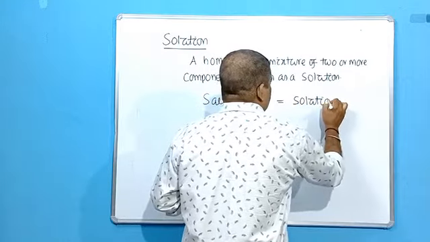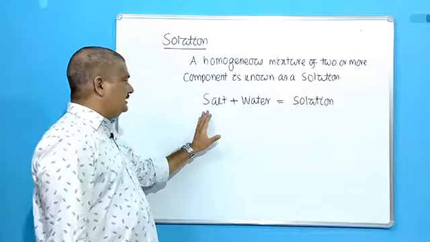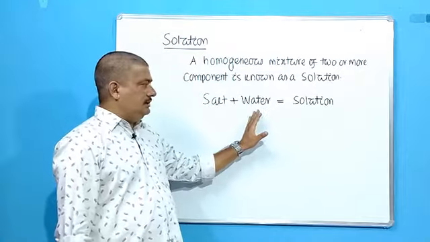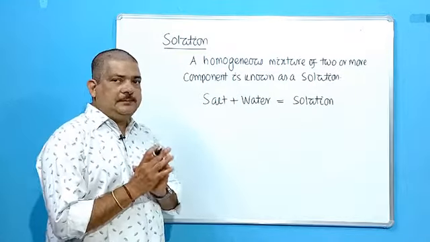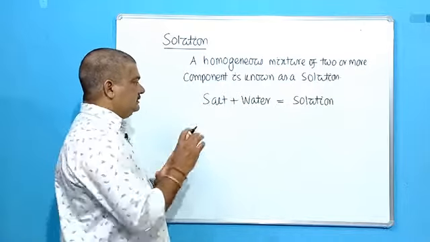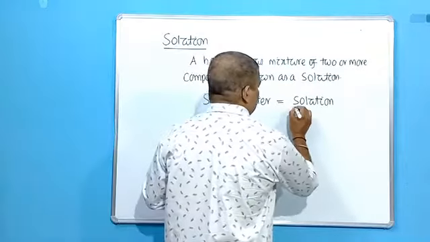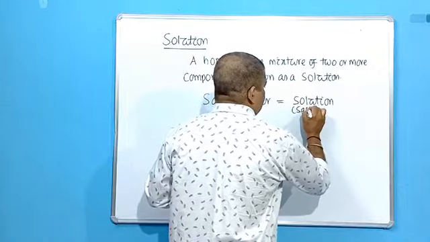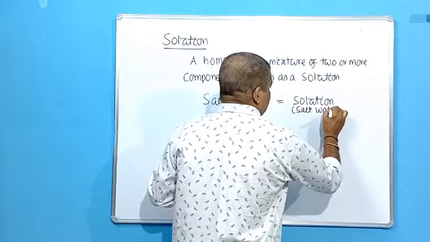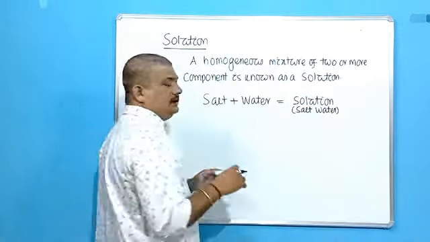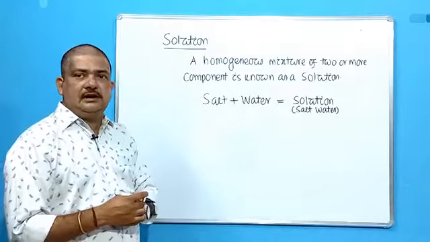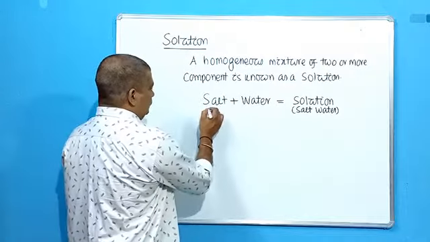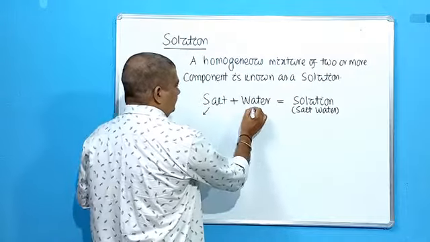So in order to form the solution, we added salt to water. There are 3 parts to this. The salt water is the solution, where the salt is completely dissolved in water, and these are the 2 components.